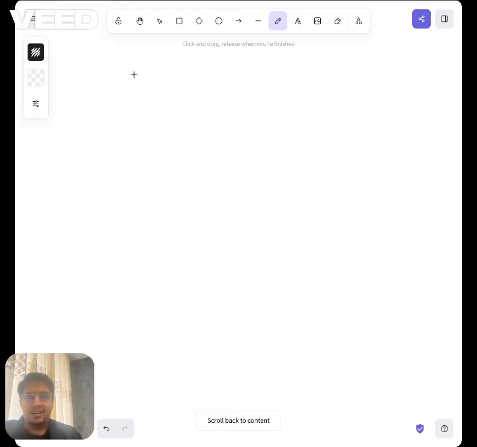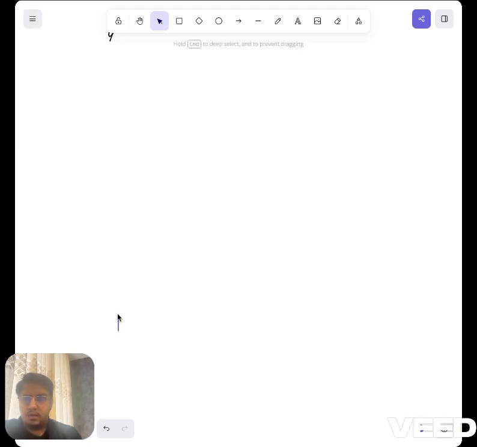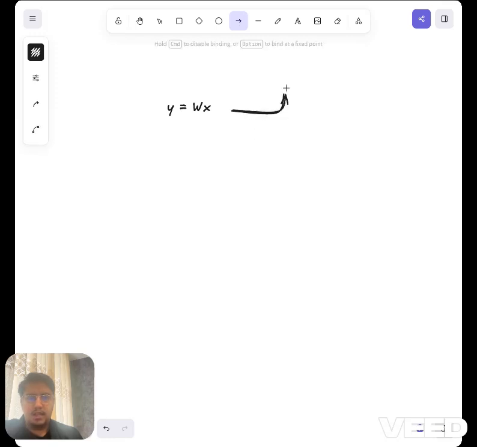Let's say if we're taking a single layer, we would have y equals W times x. This is for a single linear layer.